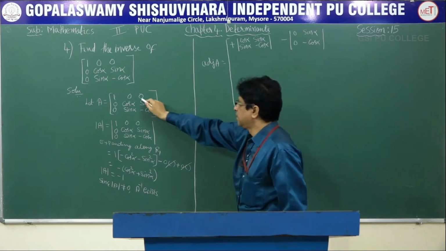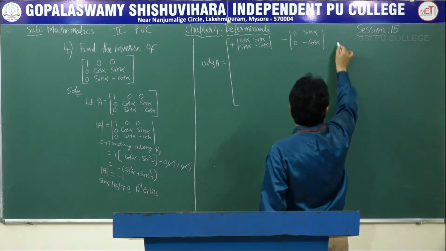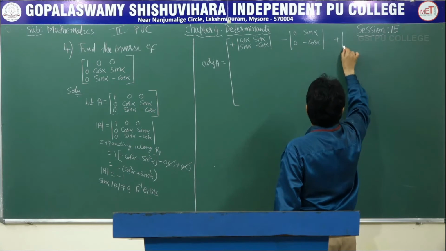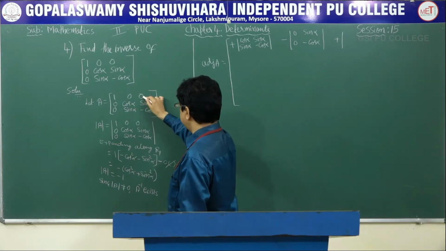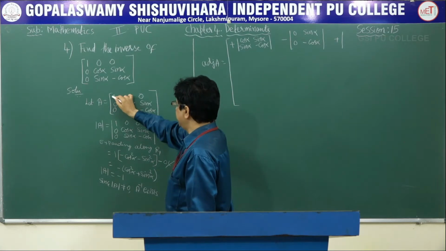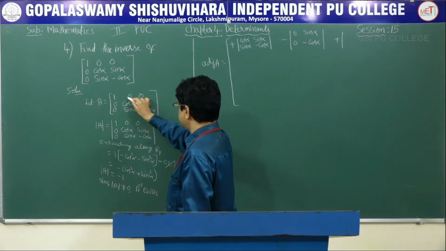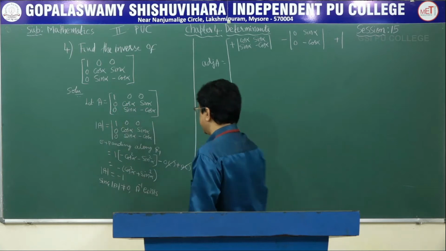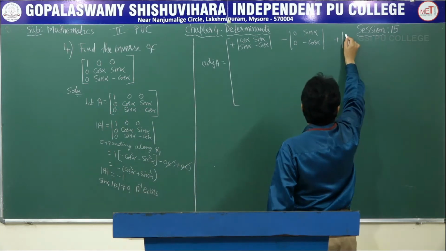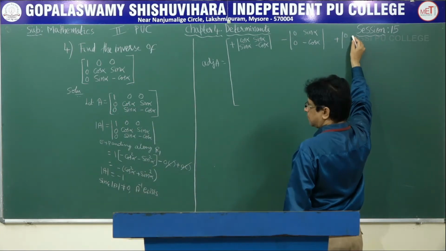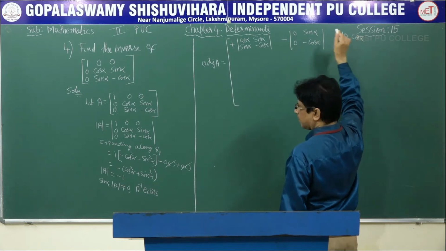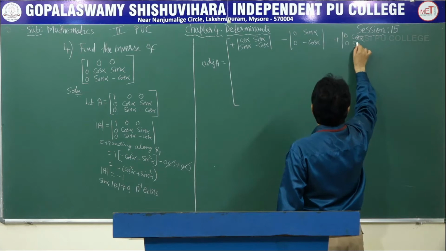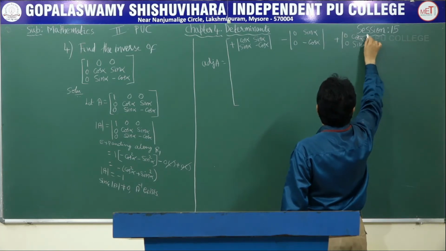Next we shall find cofactor of 0: plus. 0 lies in the first row and third column. We eliminate the first row and third column and take the determinant of the remaining elements, that is determinant of 0, cos alpha, 0, sin alpha.